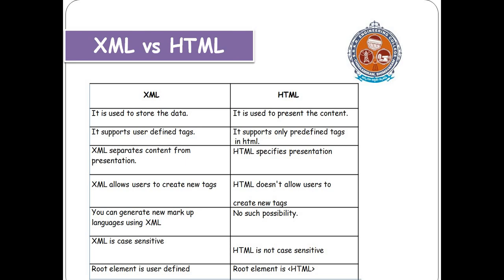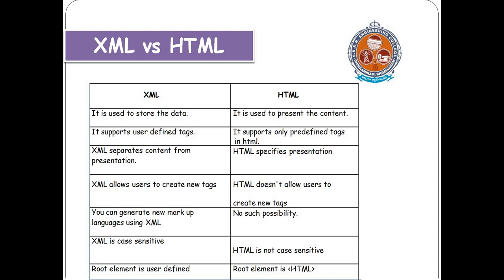But HTML is not case sensitive. If you use H1 in capital letters and the closing tag in small h1, no conflict will occur in HTML, but XML is case sensitive. So you should be careful when writing the tags.